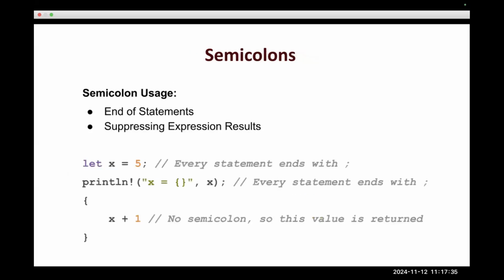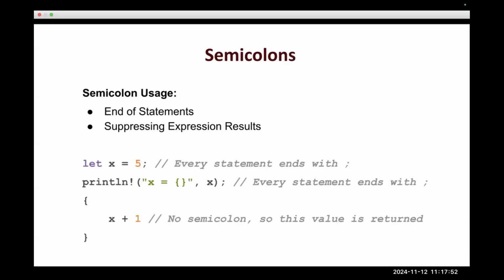And then the semicolons, that's required actually. Semicolons are required. You can see some parts that don't have a semicolon, but those will be evaluated by the system as expressions. Those expressions need to return some value.